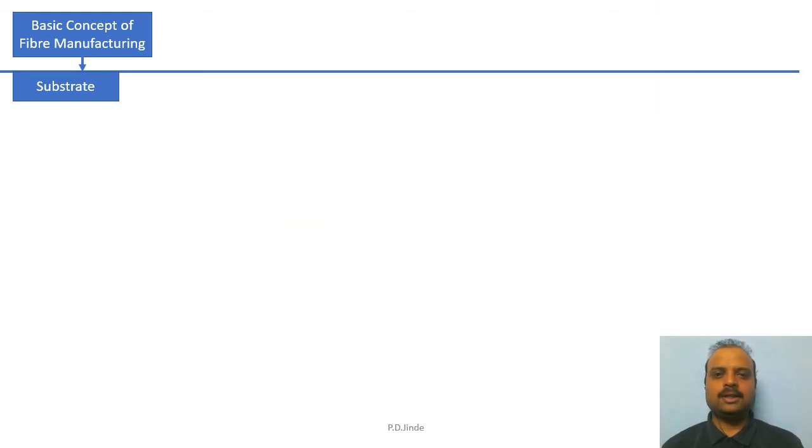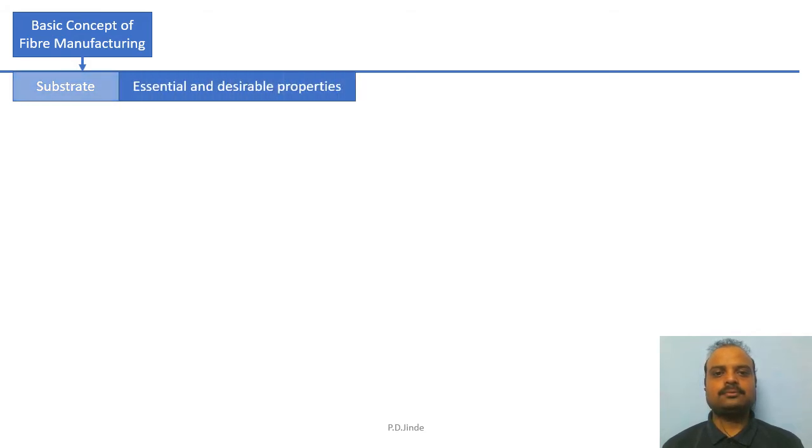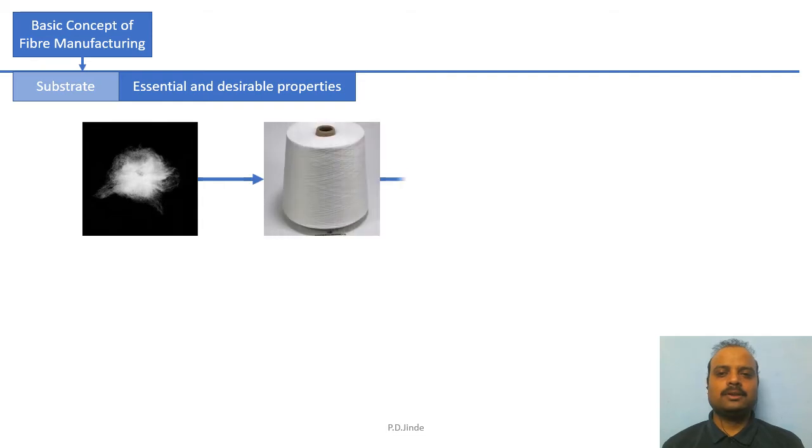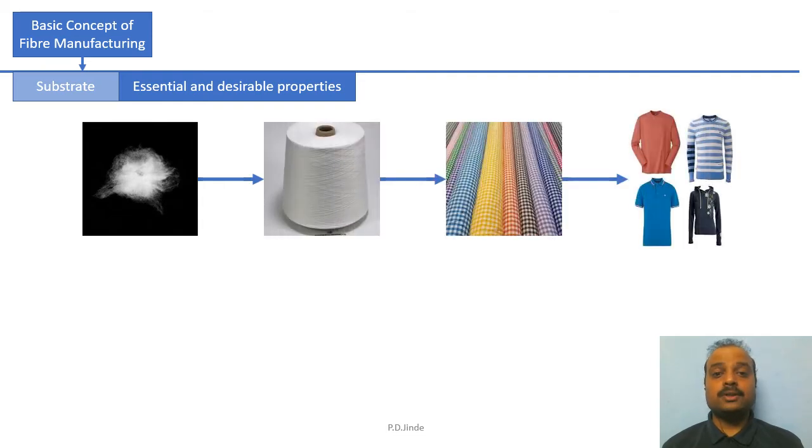After understanding the definition of fibers and yarns, let's talk about the essential and desirable properties of the fiber. When fiber is converted from the fiber stage to yarn, then fabric and ultimately to the garment stage, fiber must possess certain properties without which it is impossible to get to the garment stage.